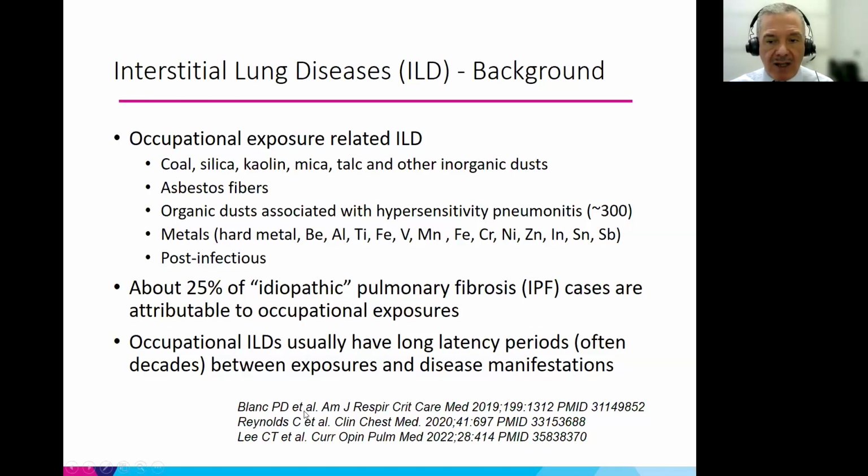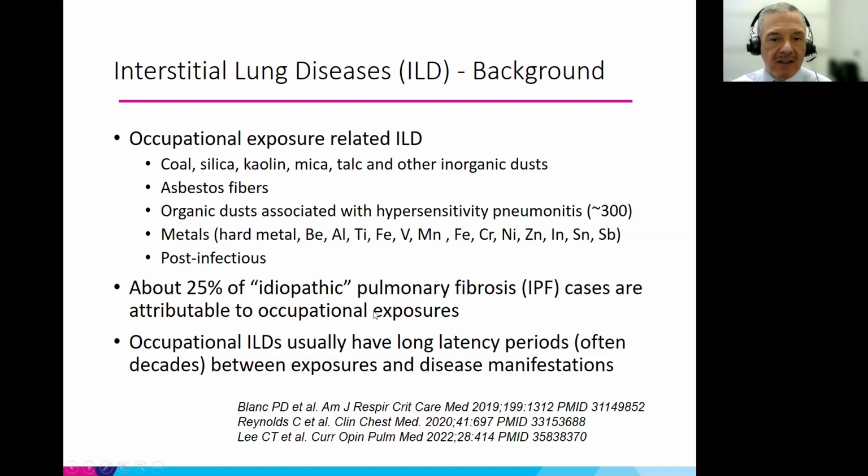Blanc and collaborators, in this article from 2019, did a systematic review that estimated about 25% of what we call idiopathic pulmonary fibrosis cases are actually attributable to occupational exposures.